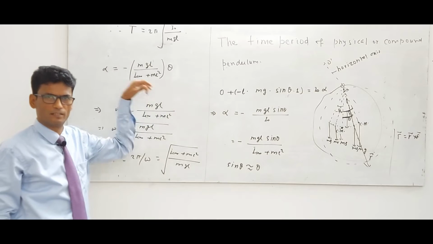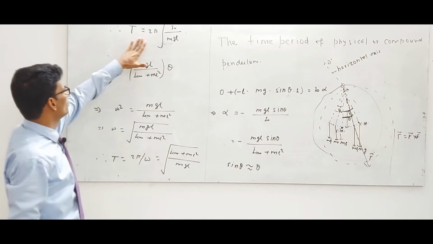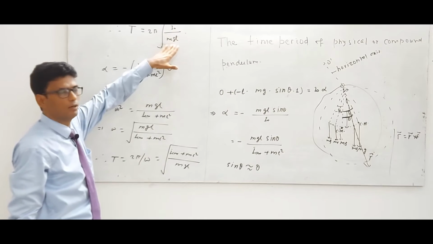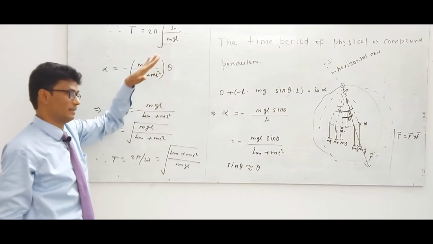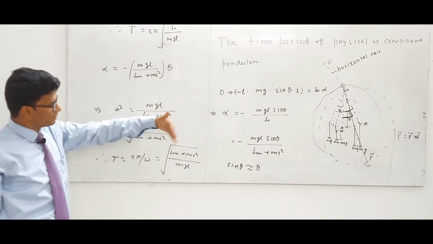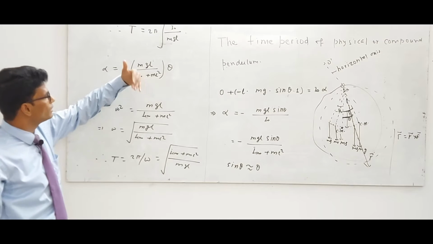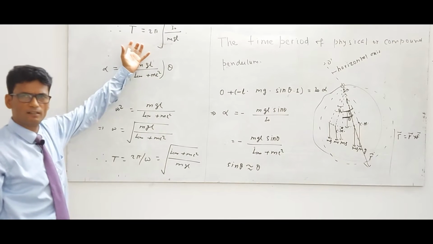However, oscillation is very small. So the time period is 2 pi under root I naught over mgl. That's the case here.